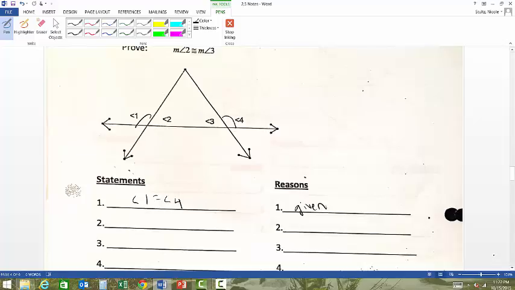So this is actually going to be very similar to the proofs that we did before. I can see from the picture that angle 1 and 2 make a line, which means they're going to make 180. So again, we could write supplementary for that, or we could write linear pair.